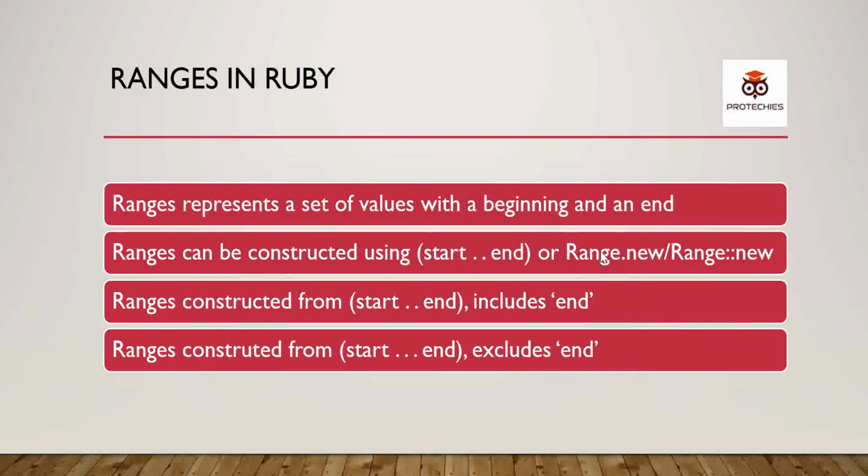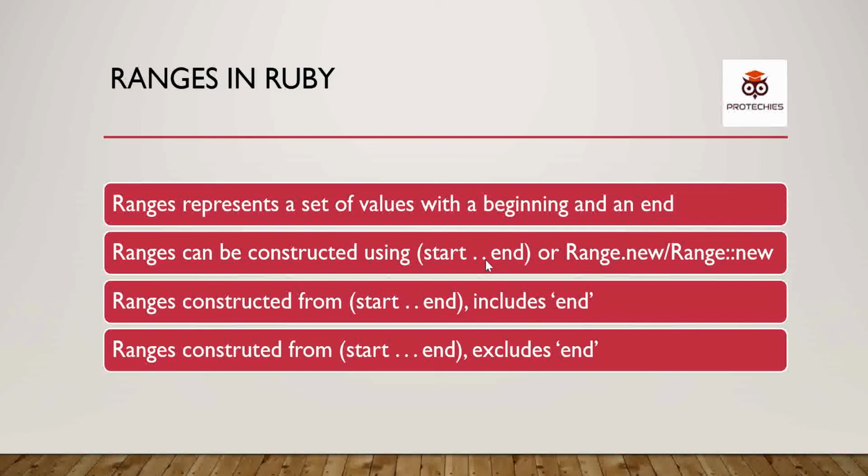Range is a class in Ruby and you can use the .new method. You can create ranges in these two ways, but usually we create ranges from this syntax. If you use two dots between the start value and the end value, then the end value is included in the range.